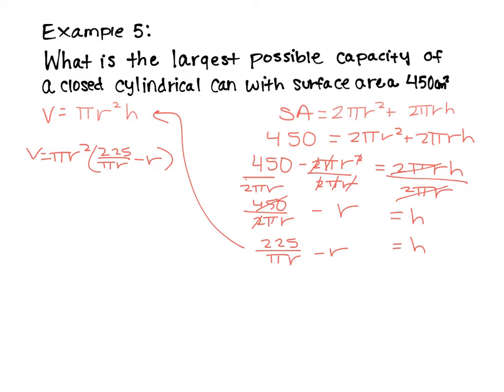And so in order to make this a little bit less messy, I'm going to go ahead and distribute this and do some simplifying. So that gives us 225 pi r squared over pi r minus pi r cubed. And the nice thing about that is that these pi's cancel.